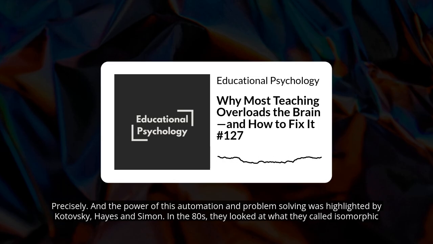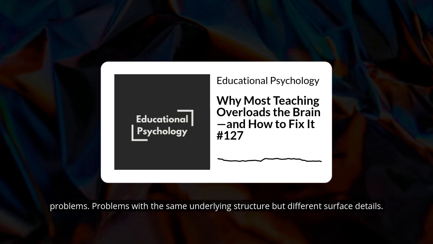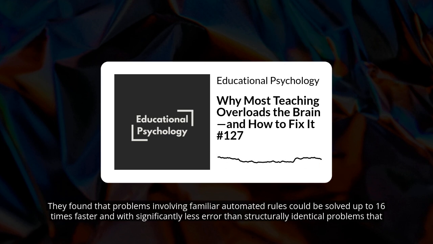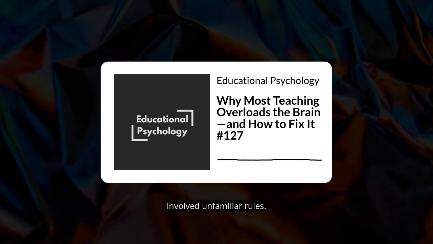Precisely. And the power of this automation in problem solving was highlighted by Kotovsky, Hayes, and Simon in the 80s. They looked at what they called isomorphic problems, problems with the same underlying structure but different surface details. They found that problems involving familiar, automated rules could be solved up to 16 times faster and with significantly less error than structurally identical problems that involved unfamiliar rules. 16 times faster.